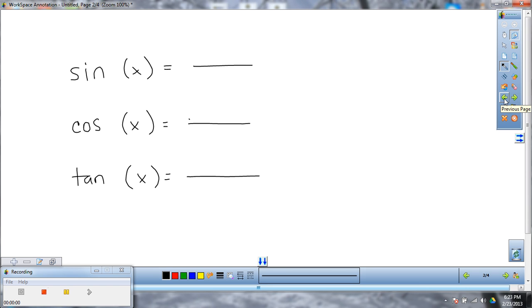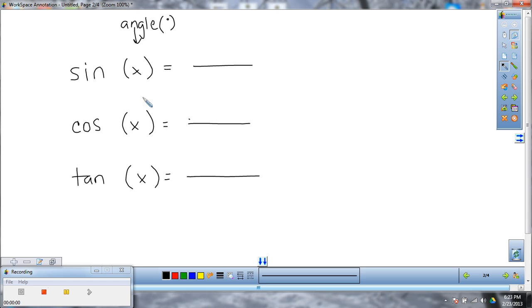So, what are the sine, cosine, and tangent ratios? The sine, cosine, and tangent ratios are all in reference to an angle. So this x is just any angle in the triangle. And that's usually measured in degrees. And then we have our fractions here, because ratios we know are comparing two different things in fraction form.